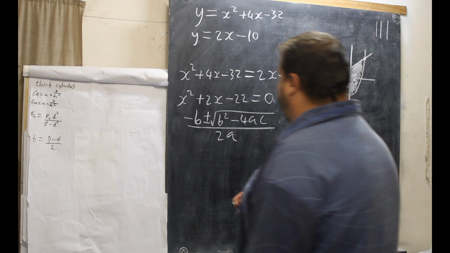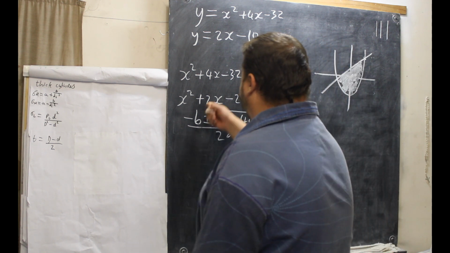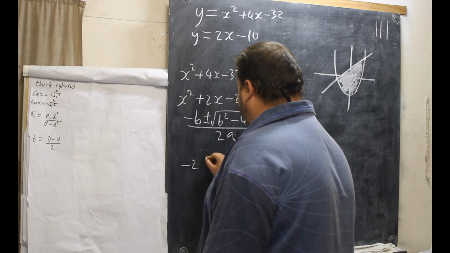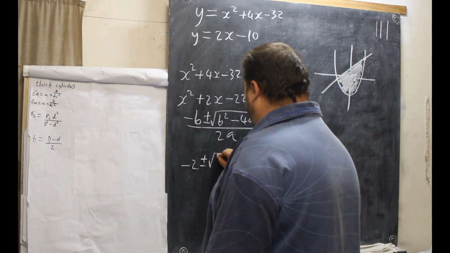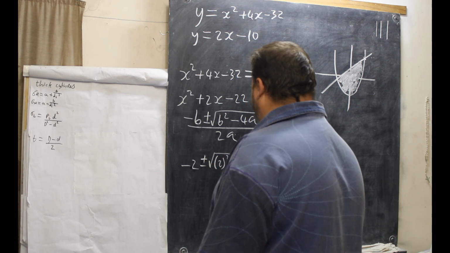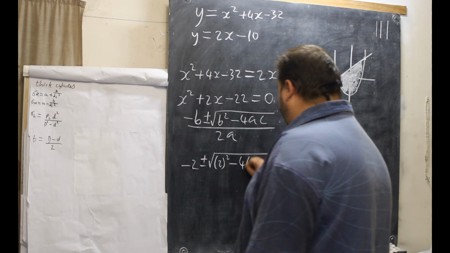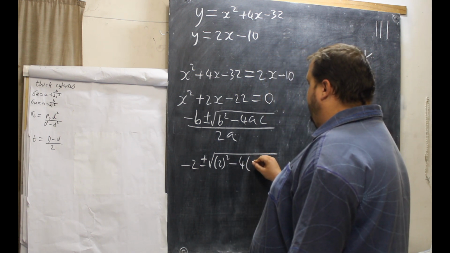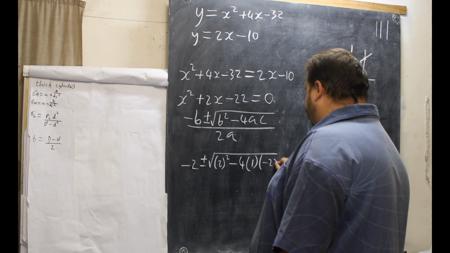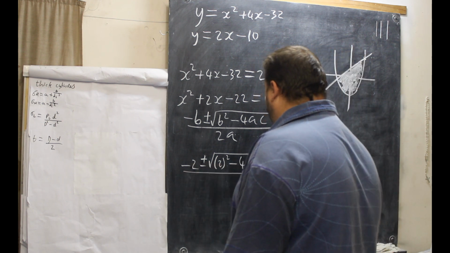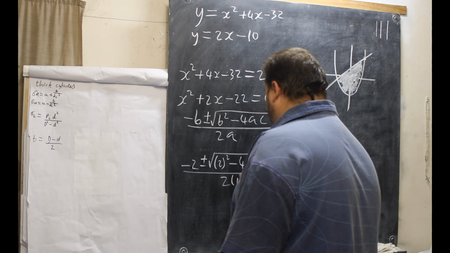So our next point of reference is minus 2 plus or minus the root of 2 squared minus 4 times a, which is 1, times negative 22, all over 2 times 1.